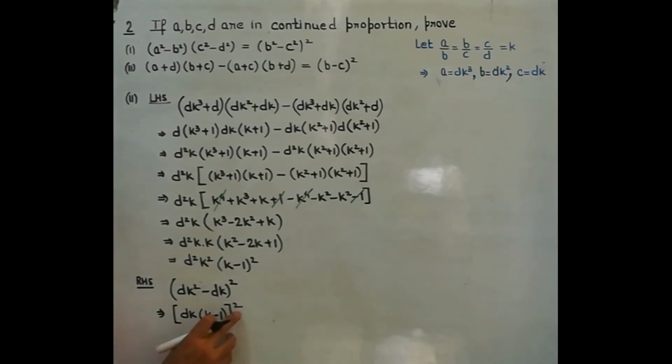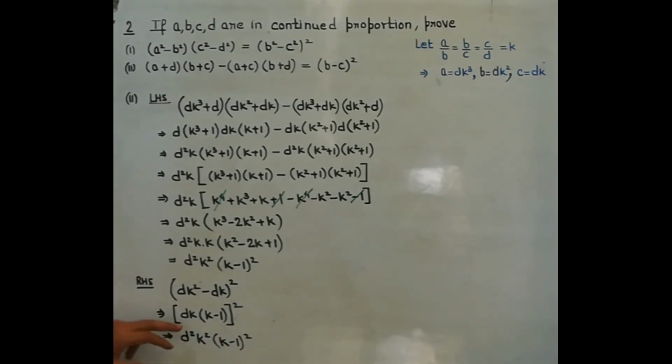Now you are squaring the product of these three factors, and you have to take square. First you will take square of d, then square of k, and then square of this bracket. So your result will be d square k square into k minus 1 whole square.